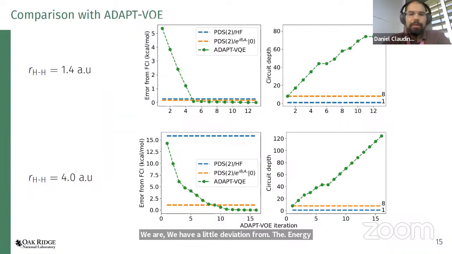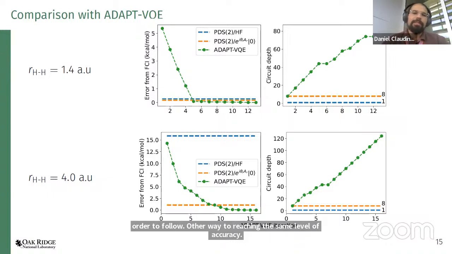This is a quick comparison of this idea with this other variational algorithm, ADAPT-VQE, if we were to follow ADAPT-VQE all the way to reaching the same level of accuracy.